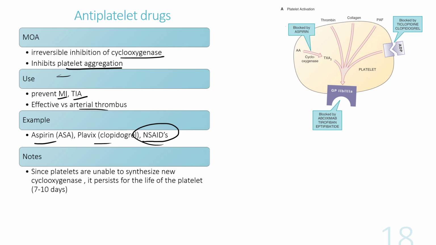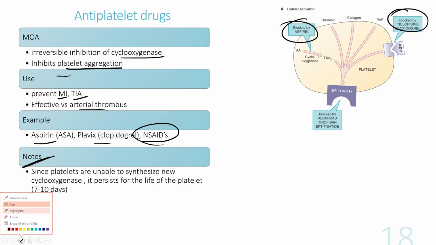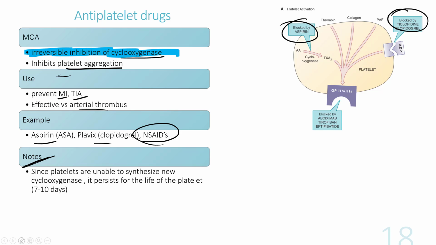You can see here, aspirin blocks over here, Plavix blocks over there, all right? One of the notes with this is that it irreversibly inhibits the enzyme. What happens is you need about 7 to 10 days before new platelets are made, because the existing platelets have cyclooxygenase that is inhibited.